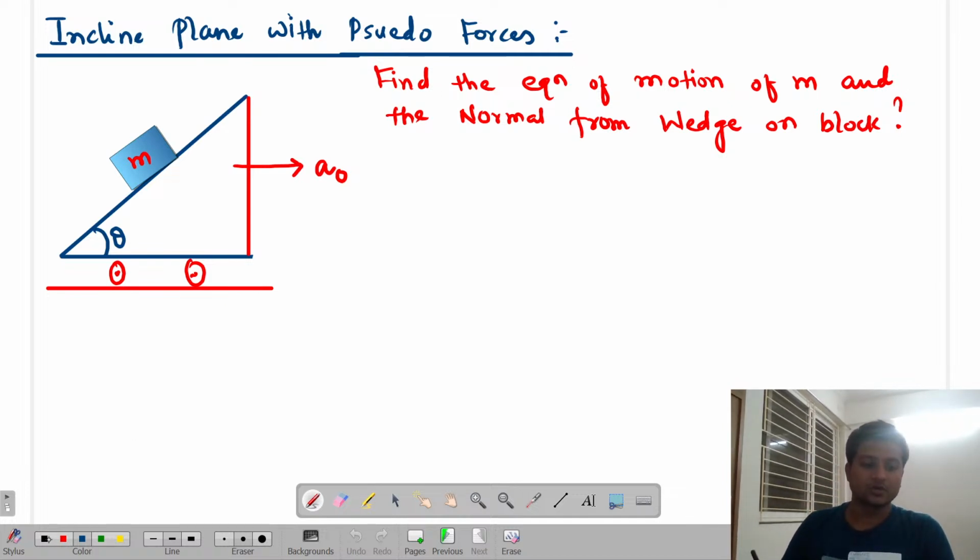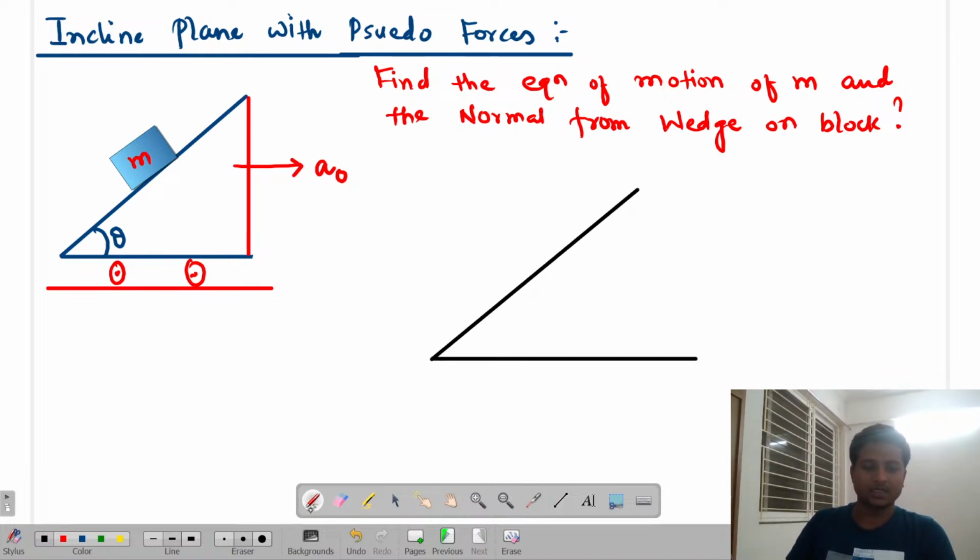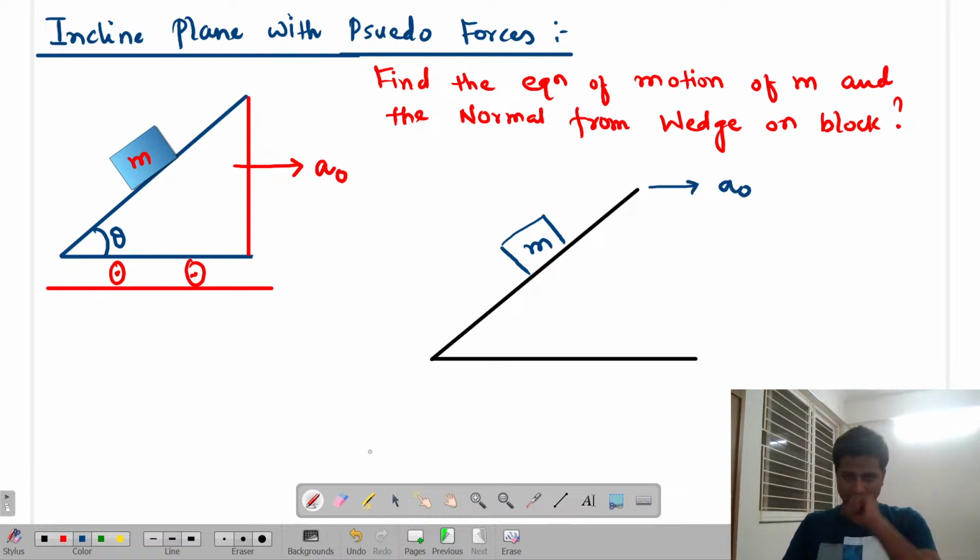Now look over here carefully. I told you a while ago, let's suppose I place a block of mass m over here and this wedge is accelerating towards the right with acceleration a naught. So is this wedge an inertial frame or a non-inertial frame? This one is a non-inertial frame.